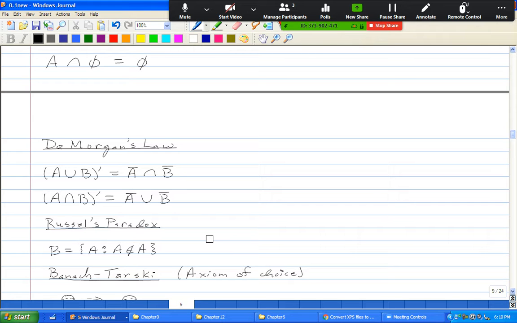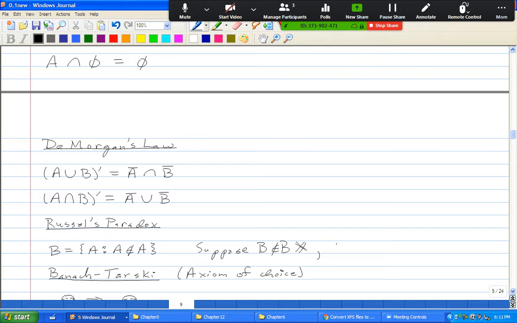Suppose B is not a member of B. Well, if B is not a member of B, then B here is in this set. So that's a contradiction, because you said that B wasn't a member of the set B. But if it was, then it's in this set.